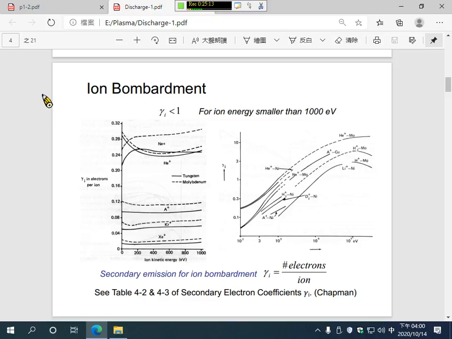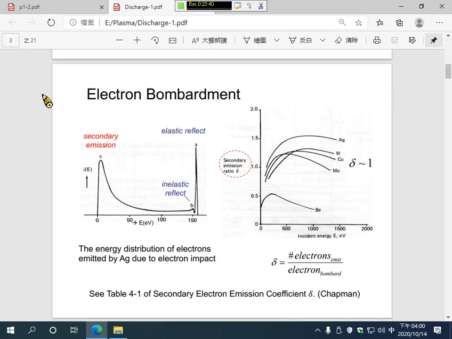Usually it is smaller than 1. So per ion bombardment, only 0.24, 0.25 electrons will be emitted. So you can get an idea how many electrons can be knocked out by ion bombardment. And in the last slide, the secondary electron emission by electron bombardment is close to 1.